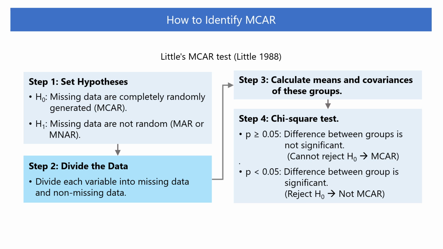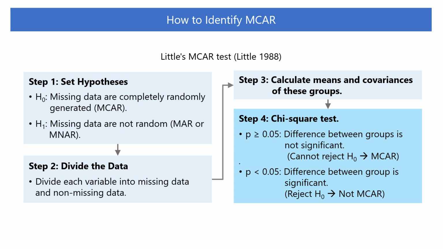Next, divide the data. Specifically, divide each variable into missing data and non-missing data. In other words, we divide them into two groups, the missing group and the observed group. Then, calculate the means and covariances of these groups. Then, perform a chi-square test.